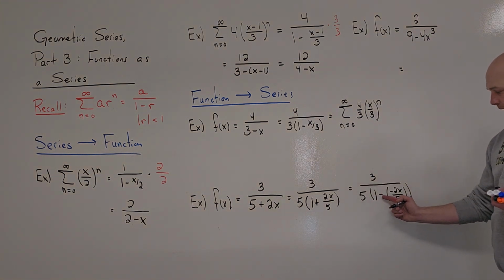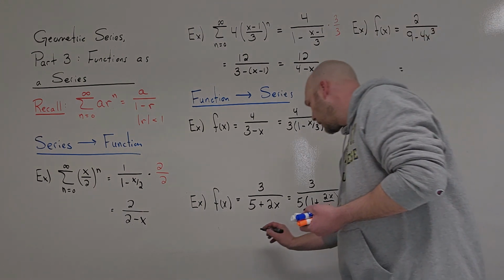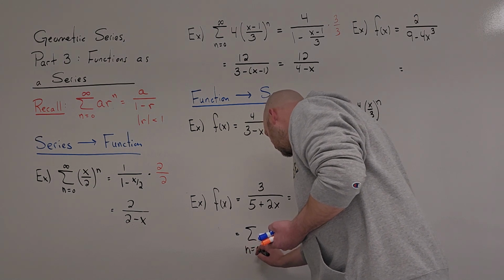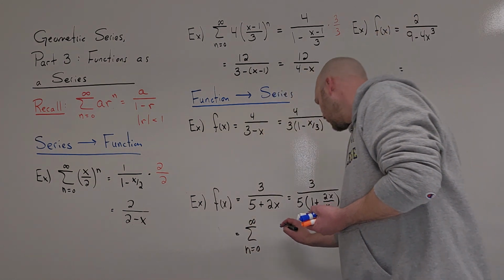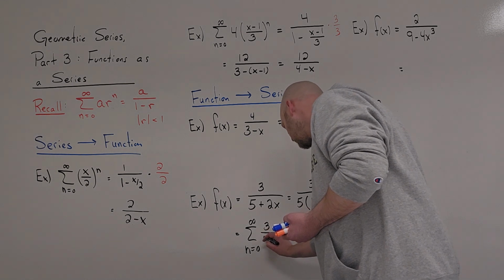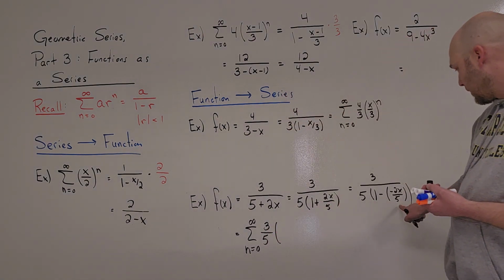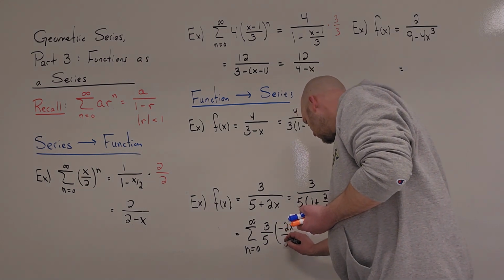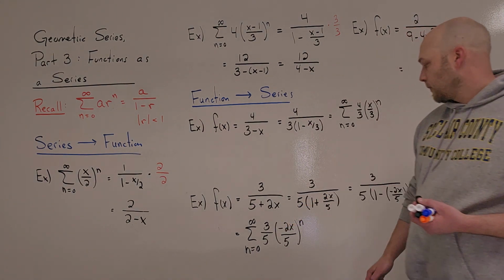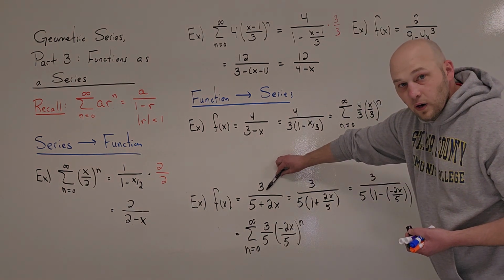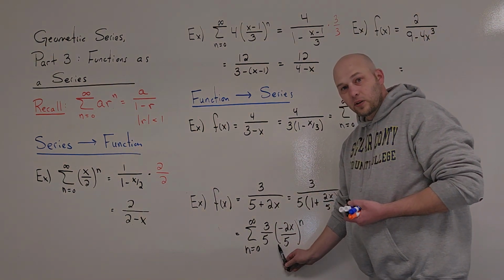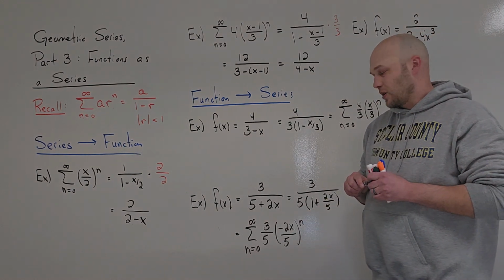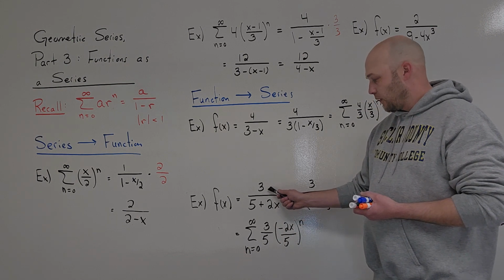Then I've got 1 minus my variable term. This gives me the following geometric series: the sum from n equals 0 to infinity of 3/5 times negative 2x over 5 to the n. This function can then be represented by this geometric series, once again only on the domain restriction for the geometric series, and not on the entire domain of the original function.